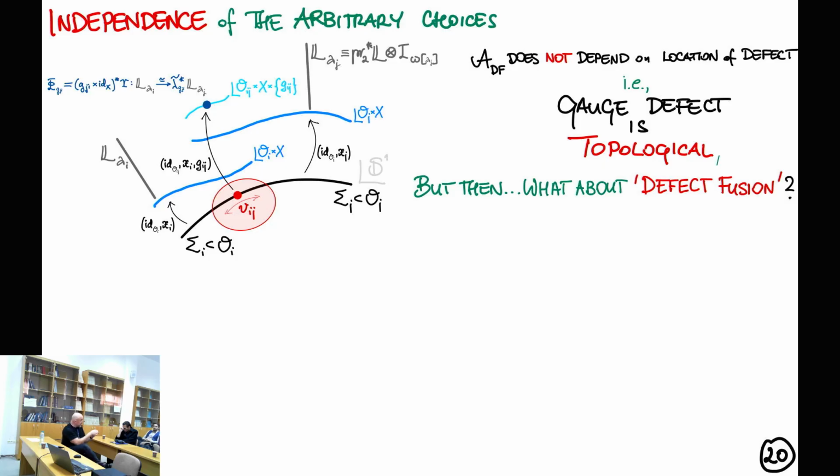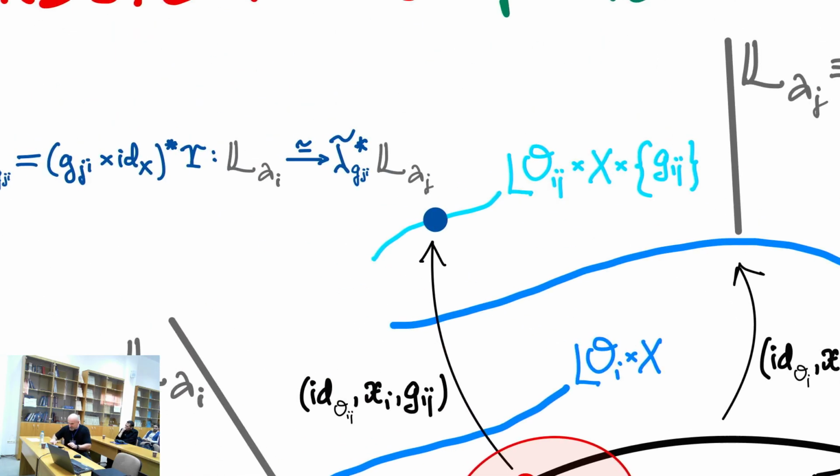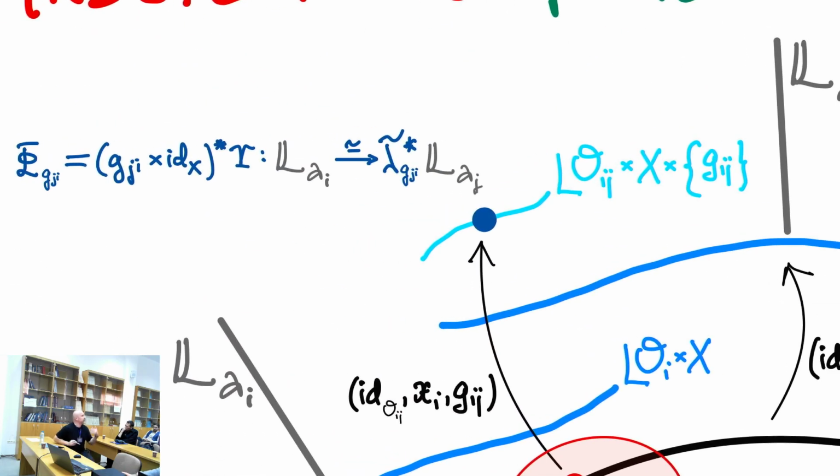For the defect sitting between the segments, I pull back the data of a very particular isomorphism, which implements the gauge symmetry isomorphism.